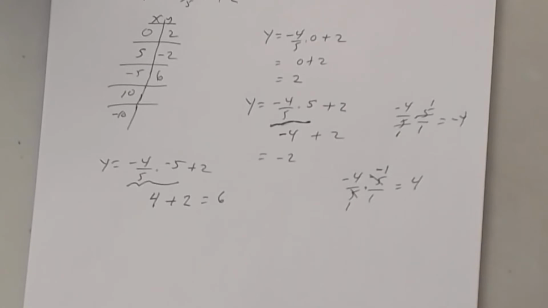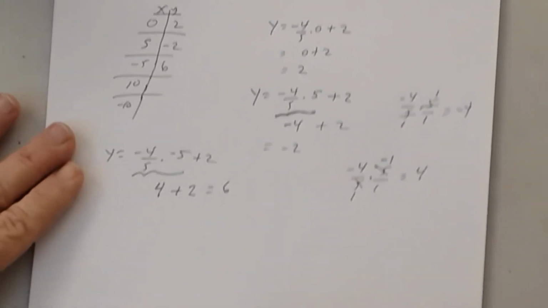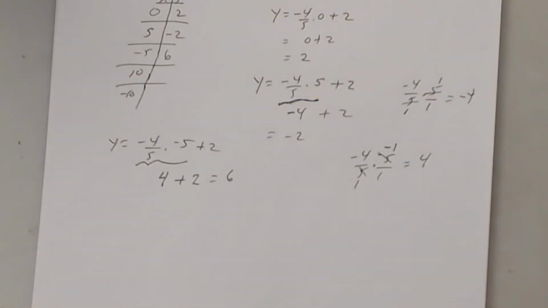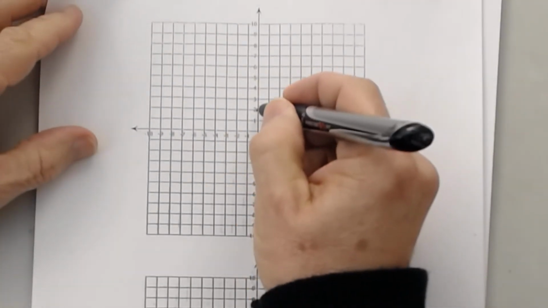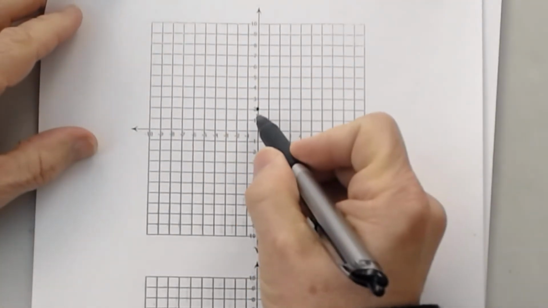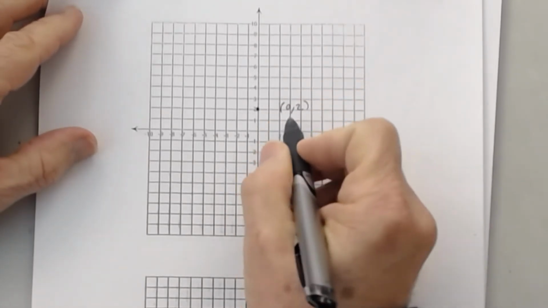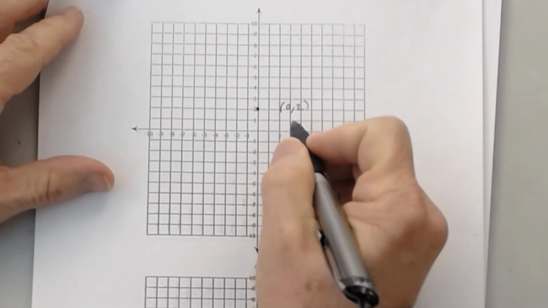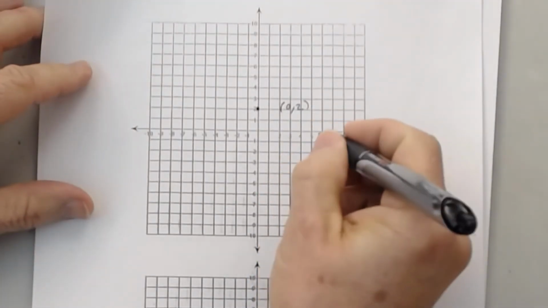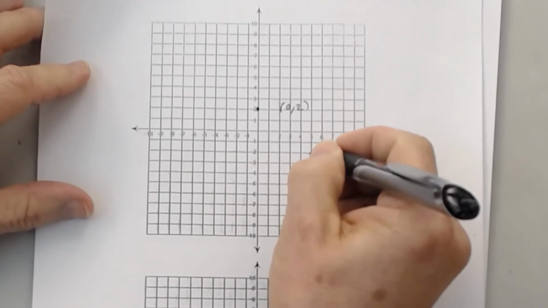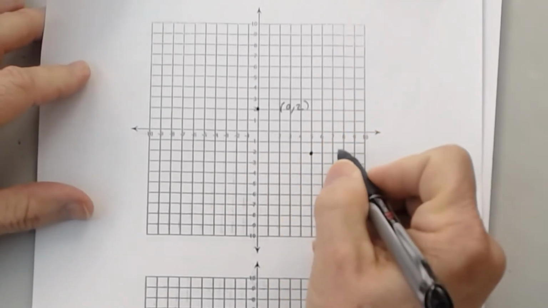All right, so then we plot those 3 points. So let's go ahead and plot those. On that worksheet, make sure if it says label, and it does, that you label the points on your graph. I'm going to plot 0, 2 first. So 0, 2 is right here. Now labeling just means to indicate it as an ordered pair. 5, negative 2 is right here. So that's in quadrant 4.